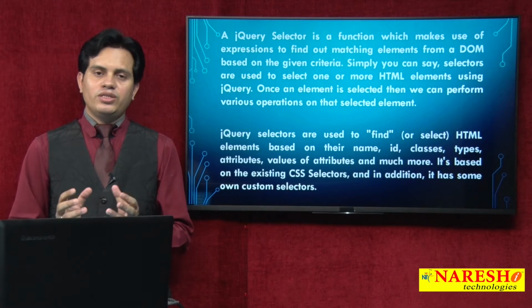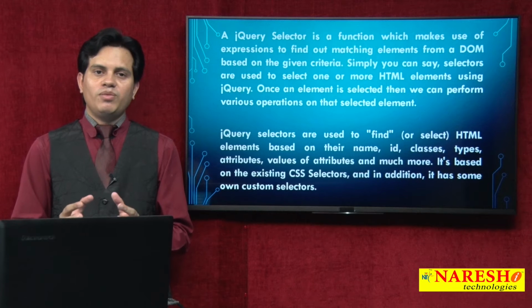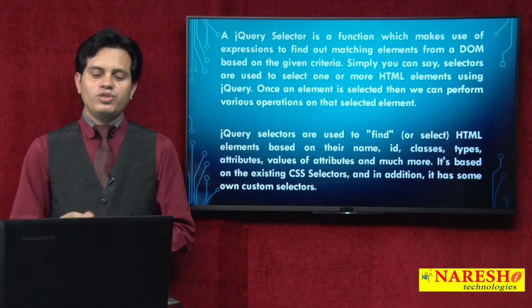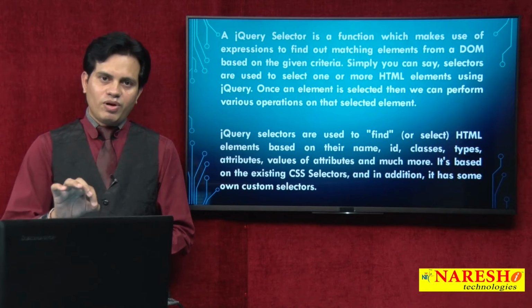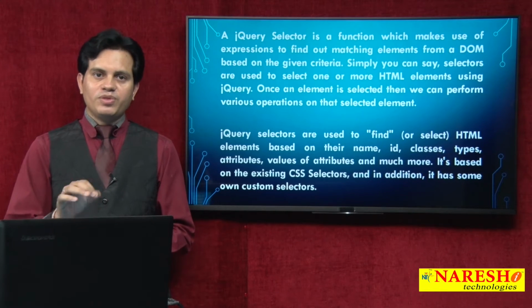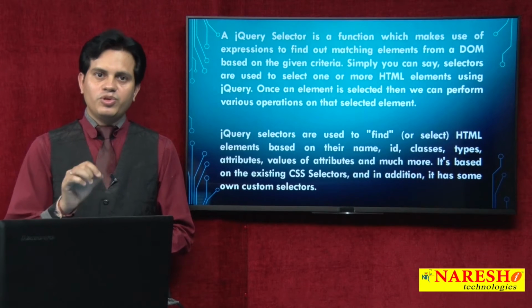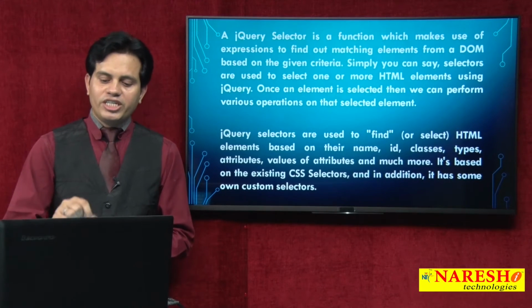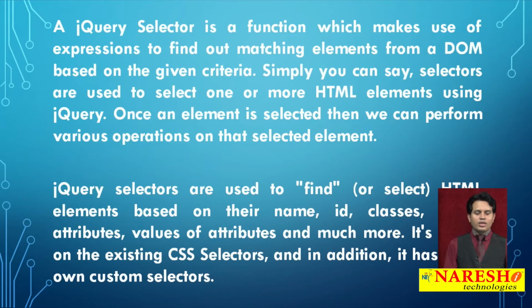Means jQuery allows us to select HTML elements using their name, their ID, their classes, their types, attributes of the element, values of the attributes, and many more. It is based on the existing CSS selectors, and in addition it has some of its own custom selectors. So jQuery provides the existing CSS selectors as well as its own custom selectors.